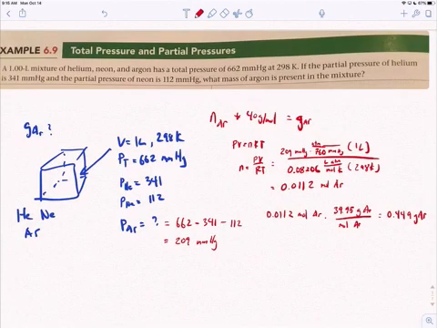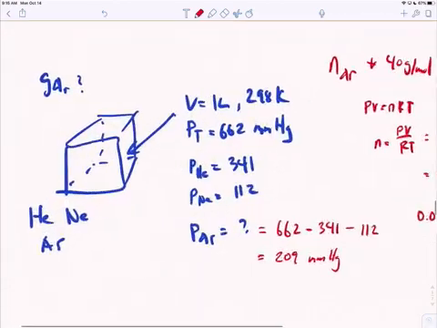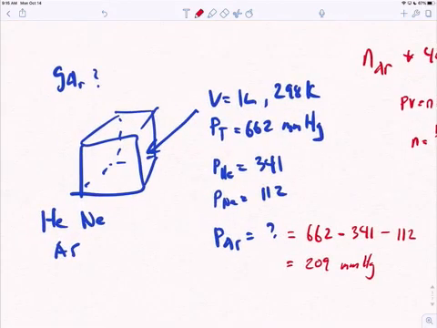So, recap for this one. We have a vessel that's 1 liter, 298 Kelvin, total pressure is 662 millimeters of mercury. We know that there's 341 millimeters of mercury of helium, 112 millimeters of mercury of neon, and then what is the mass of argon?